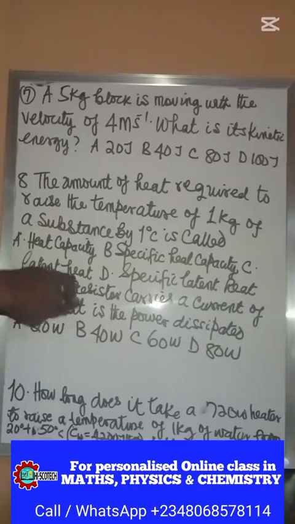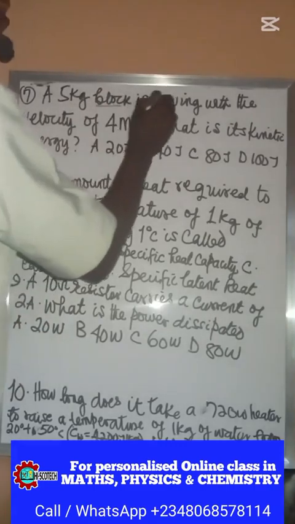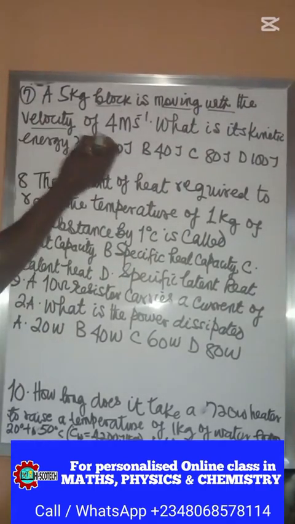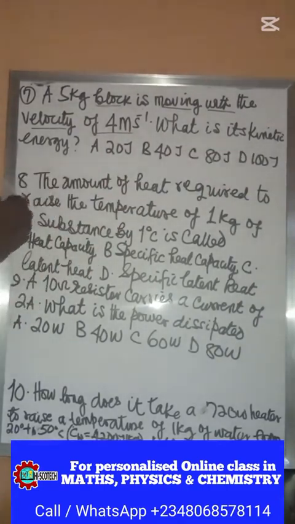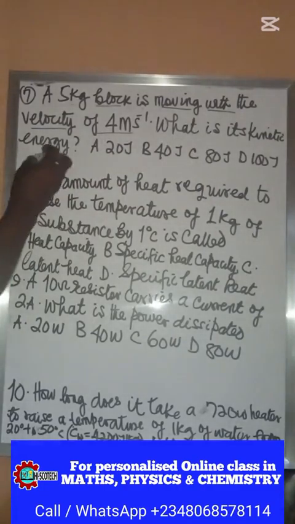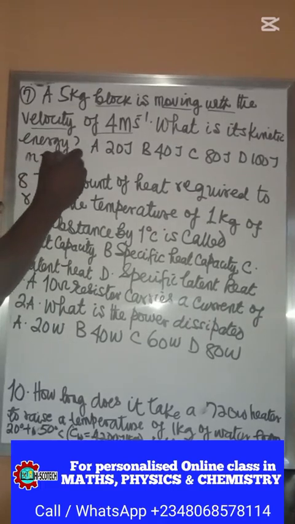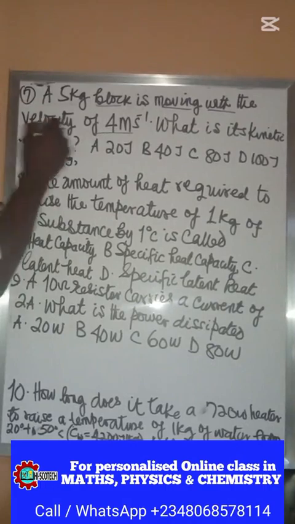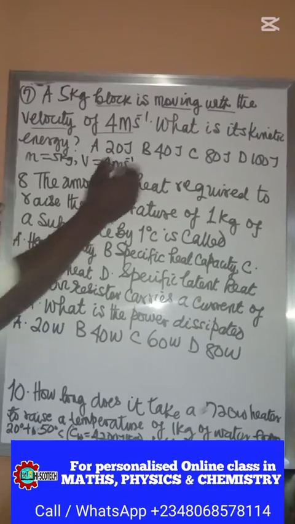The next question says, a 5 kg block is moving with a velocity of 4 meters per second. What is its kinetic energy? And we have the options here. Now, let's look at what we have. Our mass is 5 kg, and our velocity is v equals 4 meters per second.